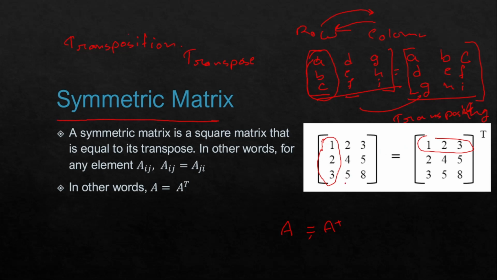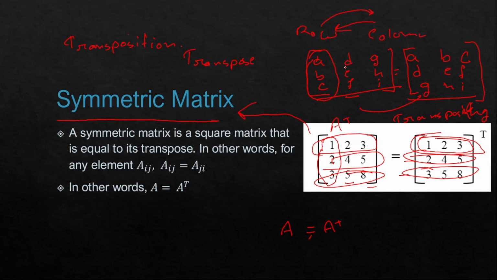The second column, we turned it into the second row. Third column, third row. Now, check this out. The first row and the first row here are the same. Second row and second row here are the same. Third row and third row here are the same. Even though we changed the rows and columns, the numbers didn't change. That means this is a symmetric matrix.